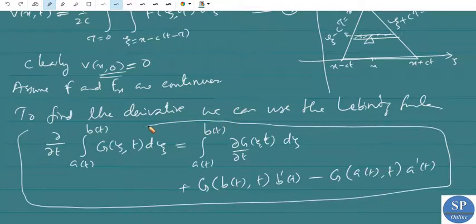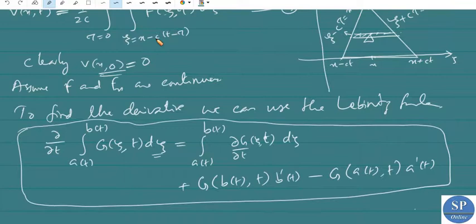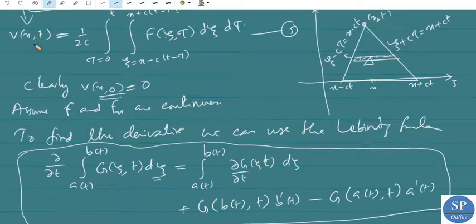Okay, here our function v is v of x comma t equal to 1 by 2c into the integral of tau from 0 to t, integral of zeta from this to this, f of zeta tau d zeta d tau. To apply this formula we can represent this inner integral as g. This inner integral is with respect to zeta, so when we replace zeta by these two values, this will be a function of tau and t.